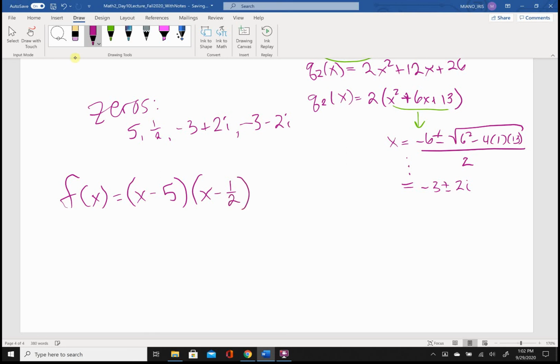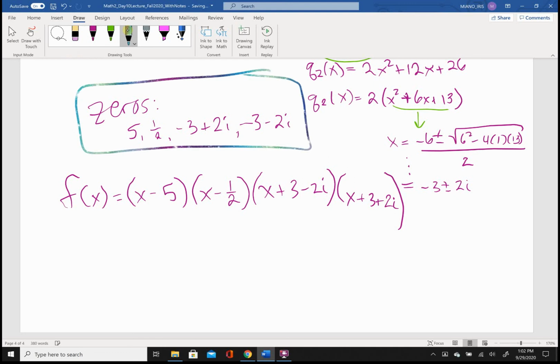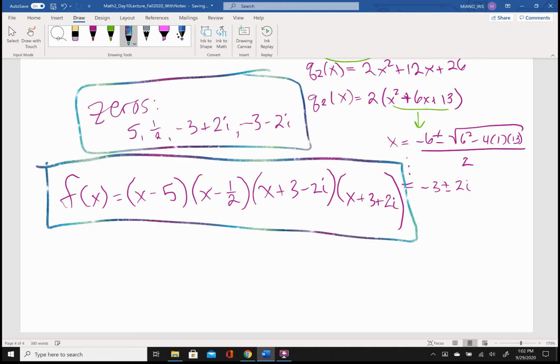And for these ones that have operations in them, you could distribute through the subtraction on that and call it x plus 3 minus 2i for this particular 0, and then x plus 3 plus 2i for that last one. And then that will give us everything that we need. Here are our zeros, and here is the function rewritten in factored form as desired.